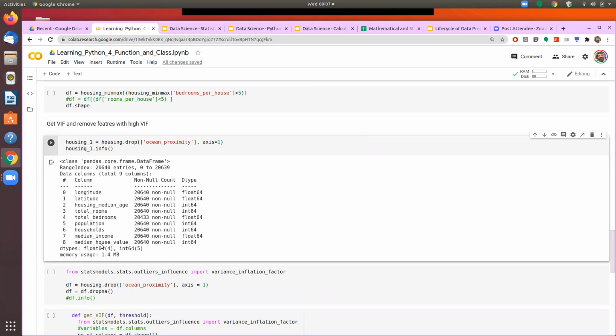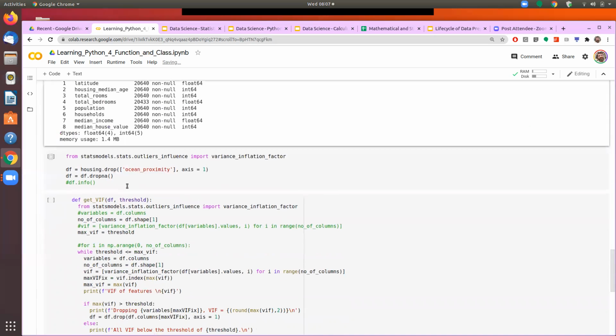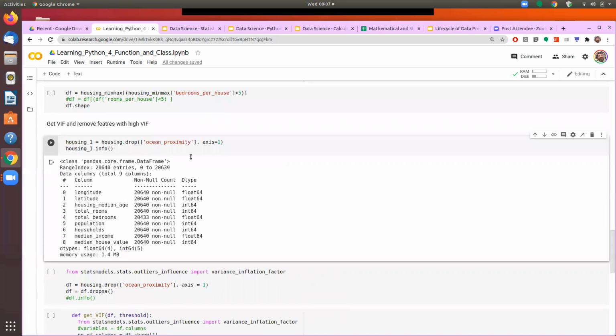Okay, so here it looks like ocean proximity has been dropped. This one I had done here anyway, so I'll remove that cell.